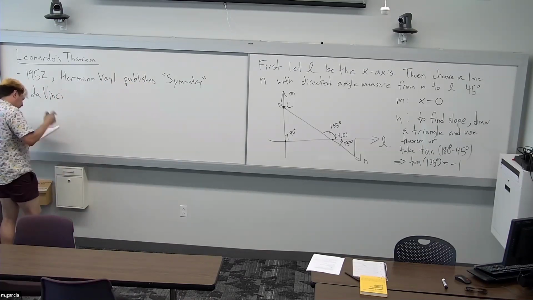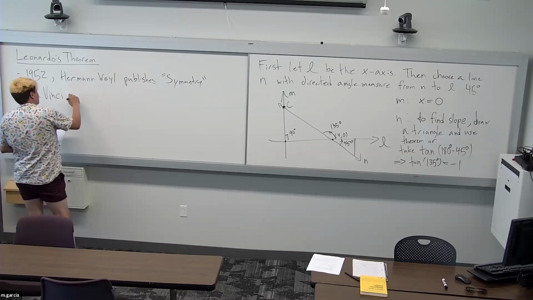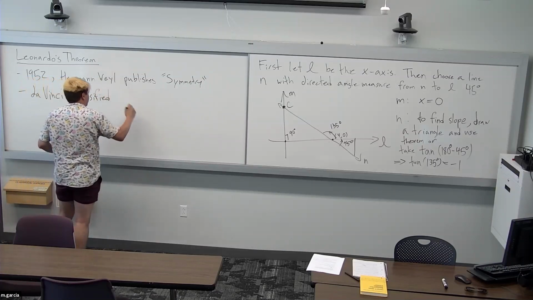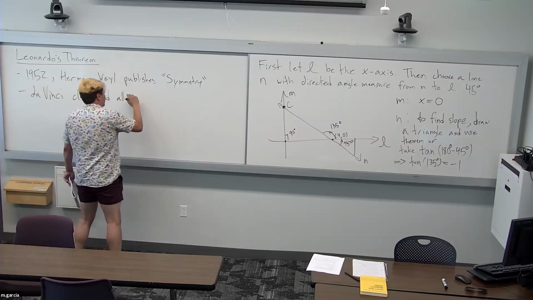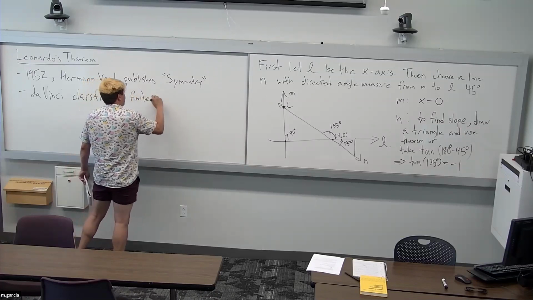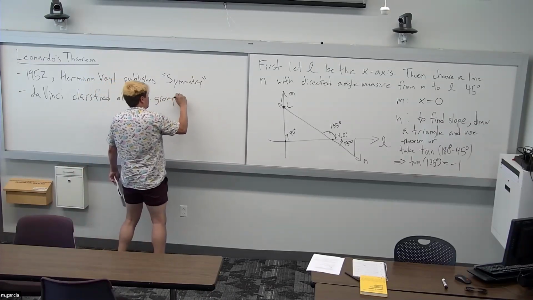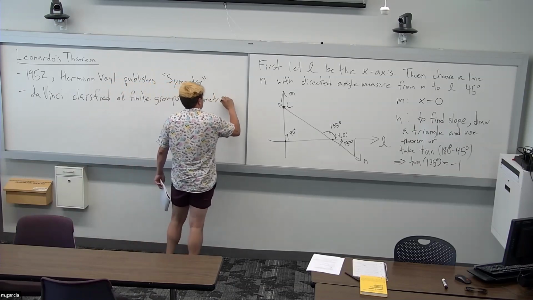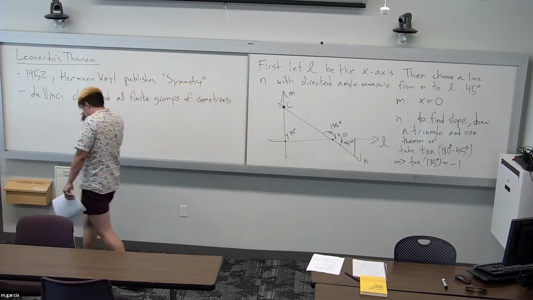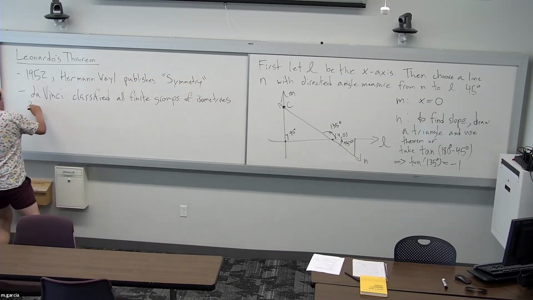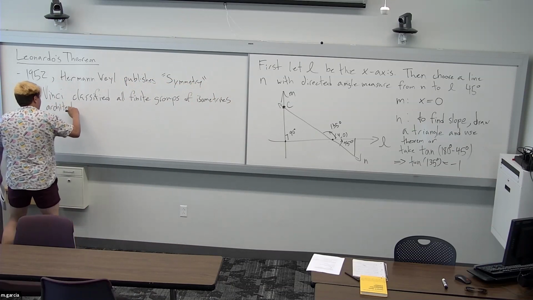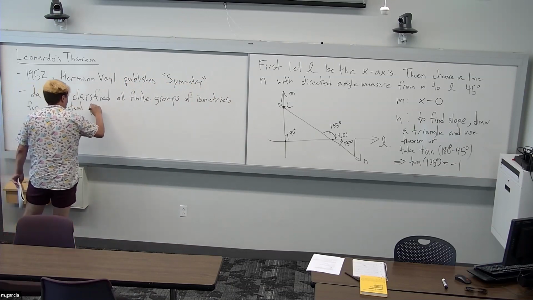Da Vinci classified all finite groups of isometries for architectural purposes.